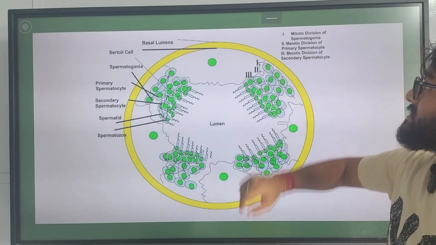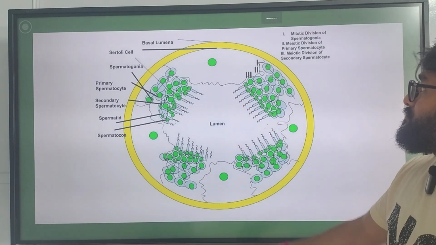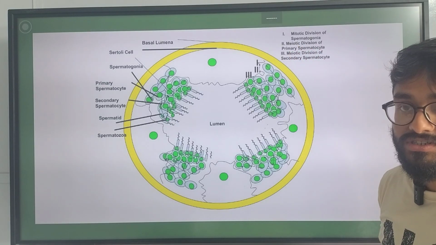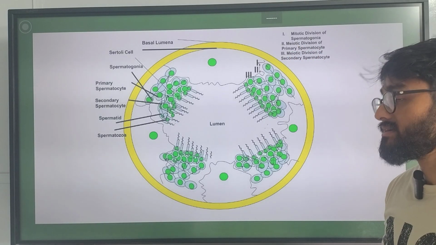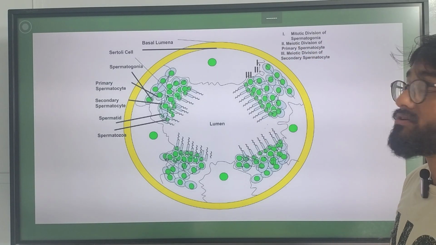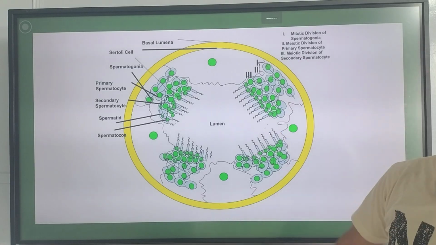This is the mitotic division of the spermatogonium. Second will be the meiotic division of the primary spermatocyte, and third will be the meiotic division of the secondary spermatocyte.